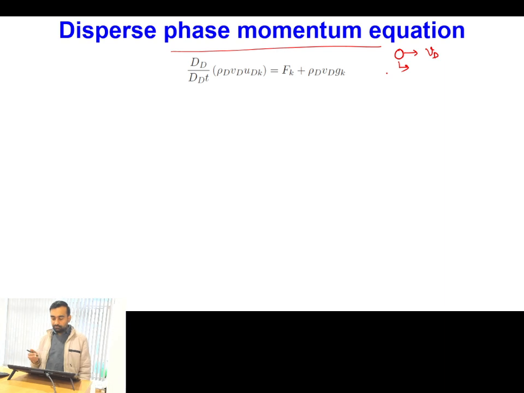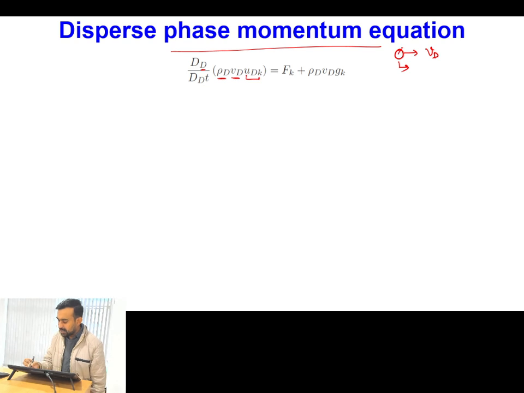For this particle, what will be the total rate of change of momentum? The total rate of change of momentum will be d by dt of the density of the dispersed phase, into the volume of that particular dispersed phase particle, into the velocity of the dispersed phase particle.